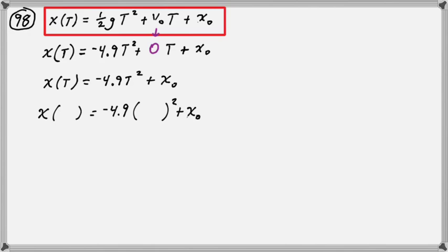What I'm going to do is after 5.6 seconds, I'll put in 5.6 seconds, its height above the ground is what? 0, because it's hit the ground at that point. So I'm going to do this arithmetic and figure out what x sub o is. So I did the arithmetic, now I'm going to add it to the other side.